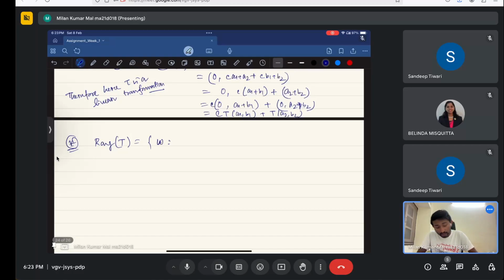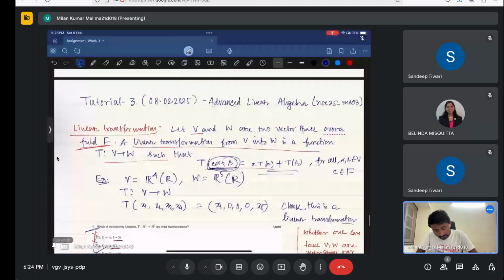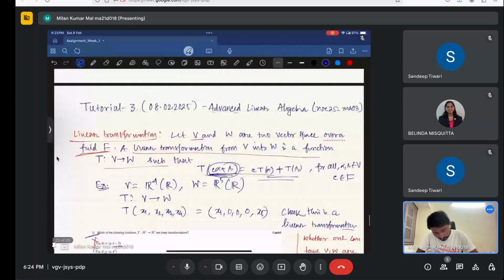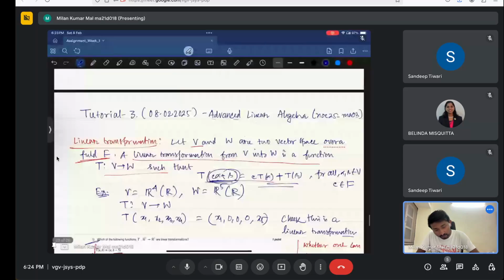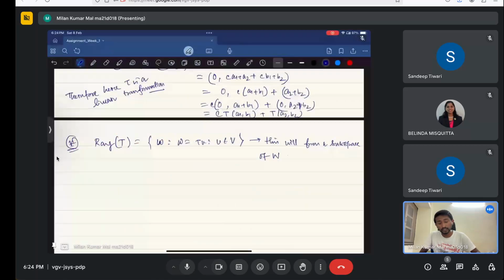The range of T is the set of all W equal to TV such that V comes from the vector space V. This will form a subspace of W. This should be checked. If we take the right hand side field as a superfield of the left hand side field, then this will not be a subspace.